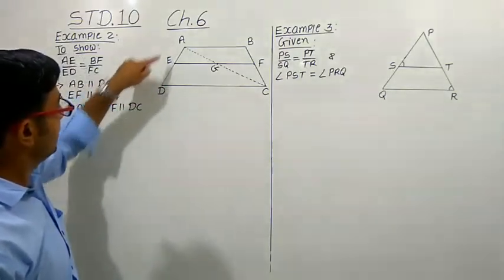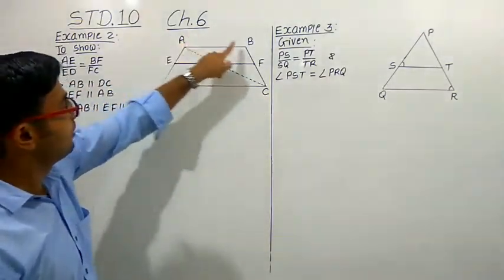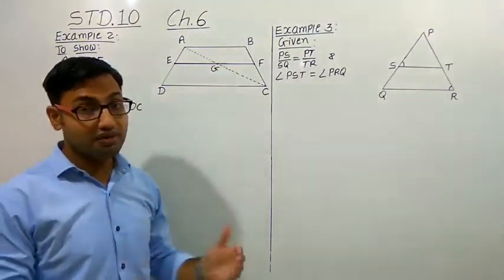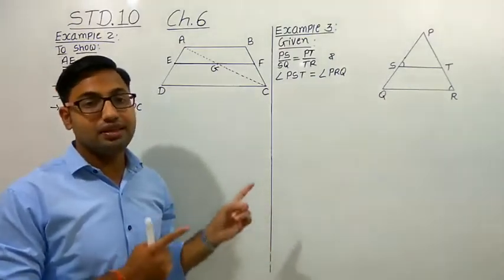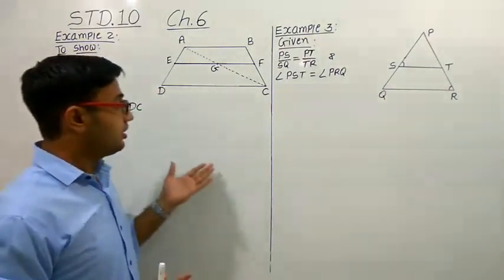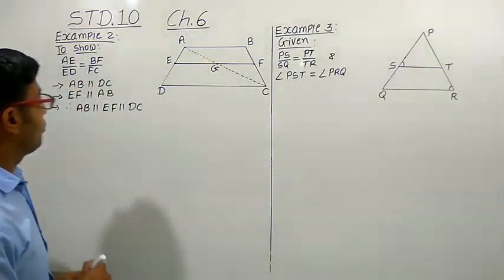One is triangle ADC and the other is triangle CAB. Because whenever we have a triangle, only then can we apply theorem 6.1. Otherwise, we cannot apply theorem 6.1. So let us draw AC.